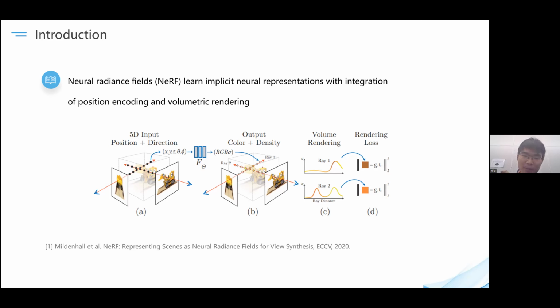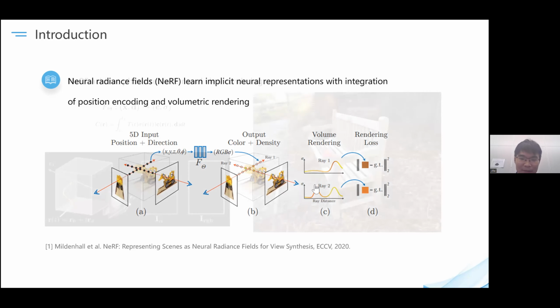Basically, they're using an MLP to build this neural radiance field, and the input to this MLP is this 5D input, including position and also the view direction. And the output will be every pixel's color and also density. So by doing this for all the image pixels, you can form the image. So you can have this prediction for the given camera view. And then you apply a rendering loss between this predicted image and the ground truth image. So you can supervise NeRF to learn. So this is the basic idea behind it.